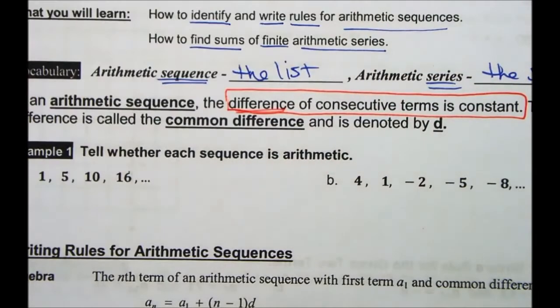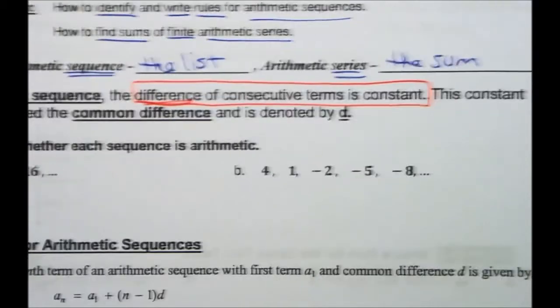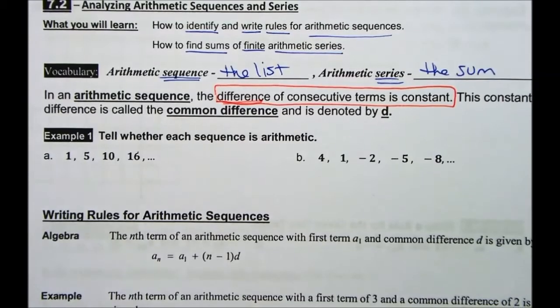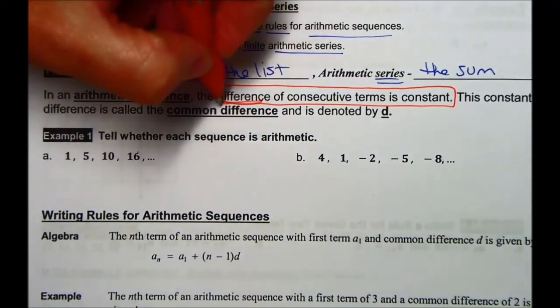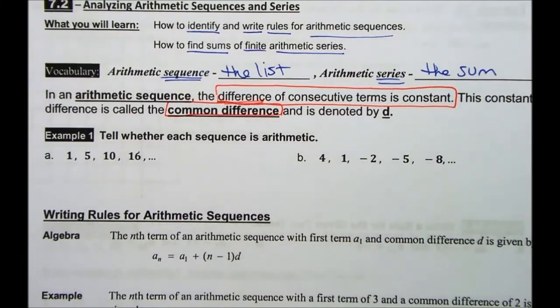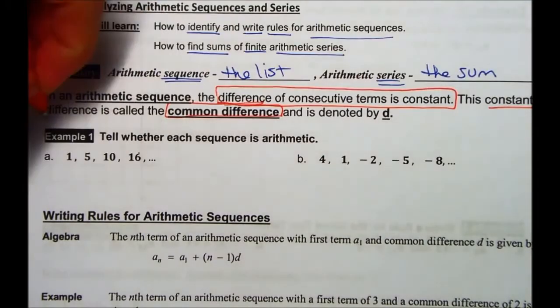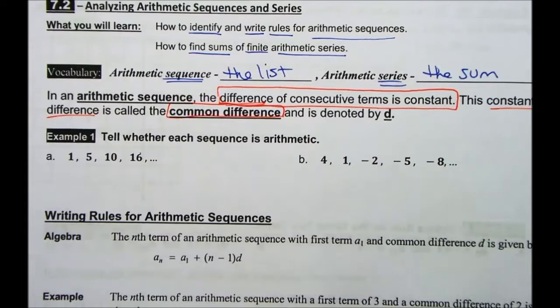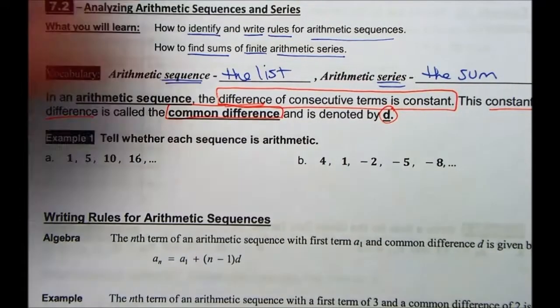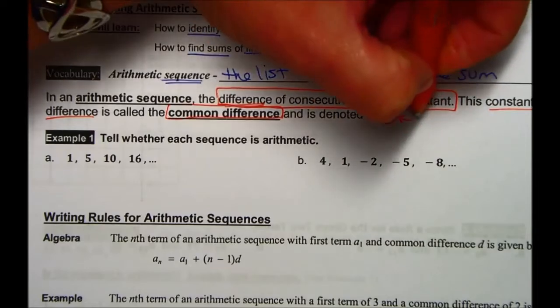That constant difference is called a common difference. Constant difference, common difference, I'll probably say both of them. The letter D is going to be used to represent that common difference.